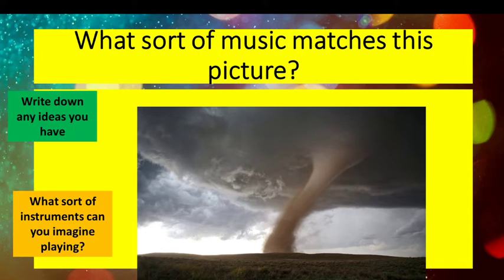So my idea for this picture would be that there'd be quite a few changes of pace. So potentially as it comes up over the horizon, it could start slow, but as that tornado approached, it could increase in speed, and maybe it could start with one instrument, perhaps a piano or a violin or a double bass, something quite deep.